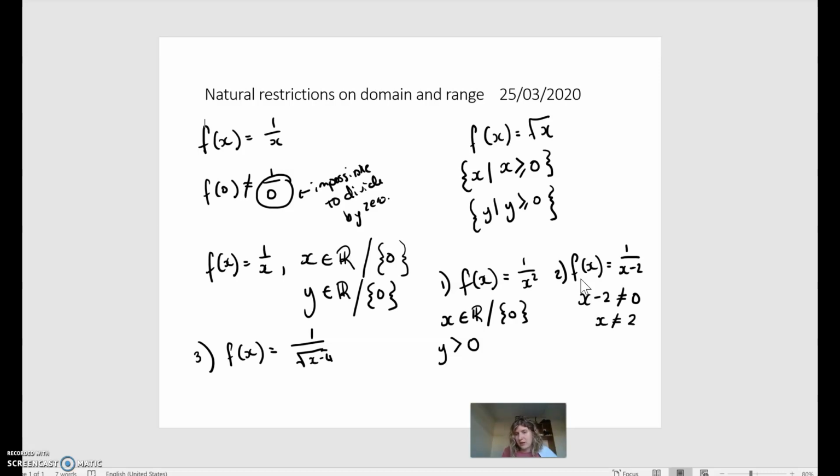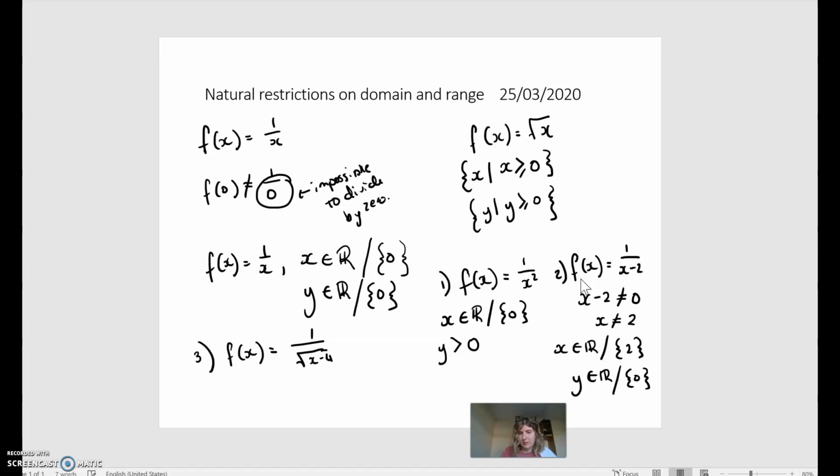So in this case, your domain is that x exists for all real numbers except for 2. The range doesn't change for this one. So y exists for all real numbers except for 0.